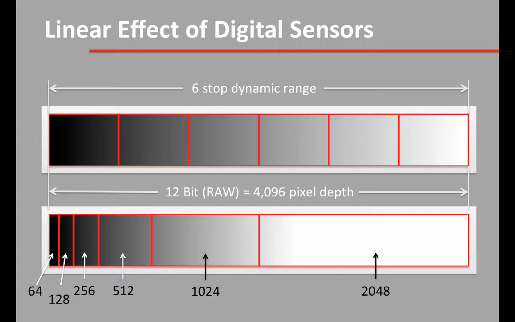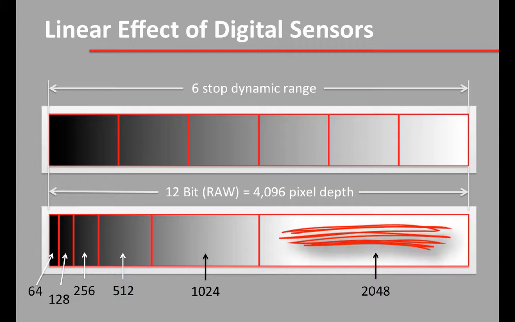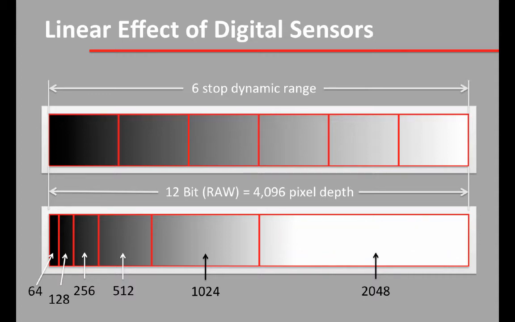Instead, as you can see on the bottom diagram, the first stop, the highlight value, because it's linear, actually takes up half of the pixels. So in our first stop in our highlight range, we have 2,048 pixels in that one stop value.